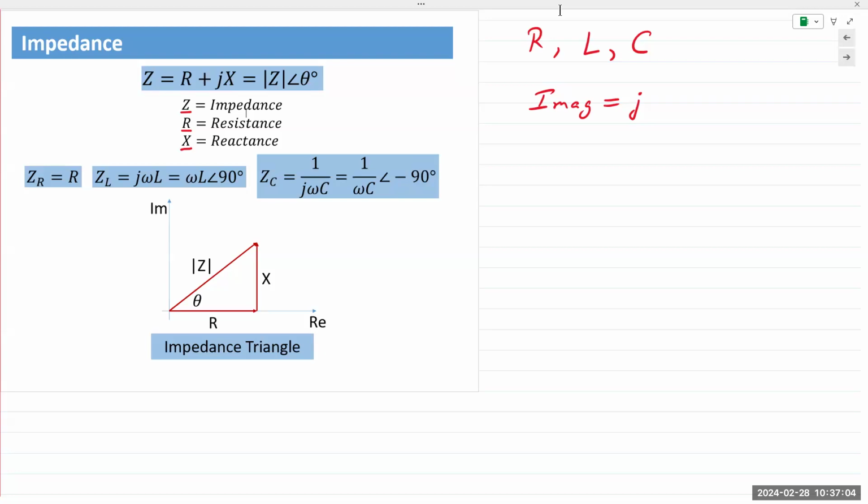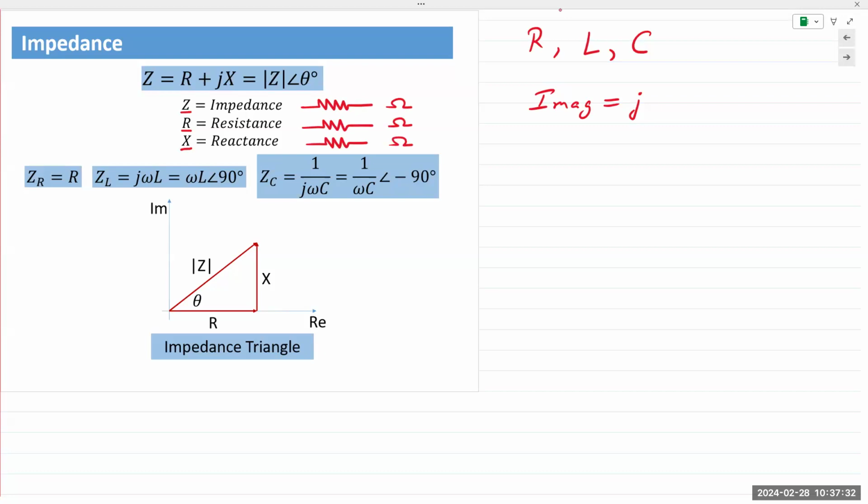All right. The symbols are exactly the same, and so are the units. All represented by the same symbol that we use for resistors, and we use ohms for all three. Impedance, resistance, and reactance are all the same.